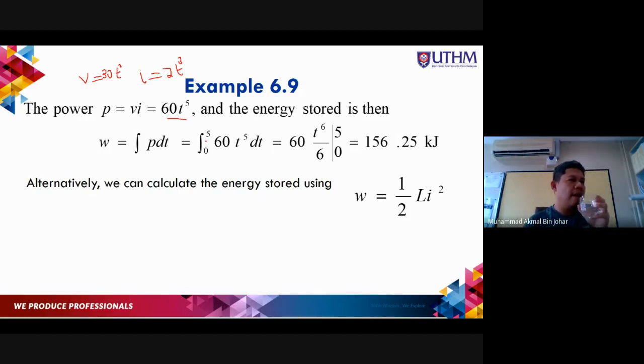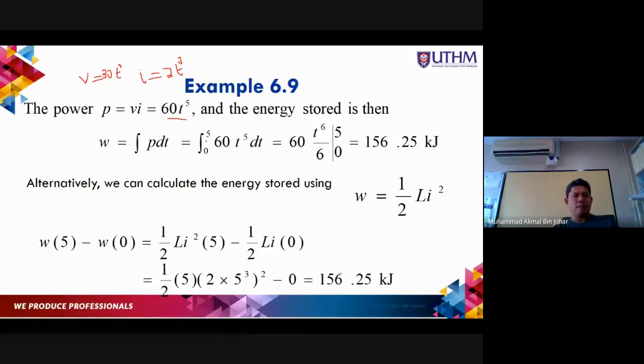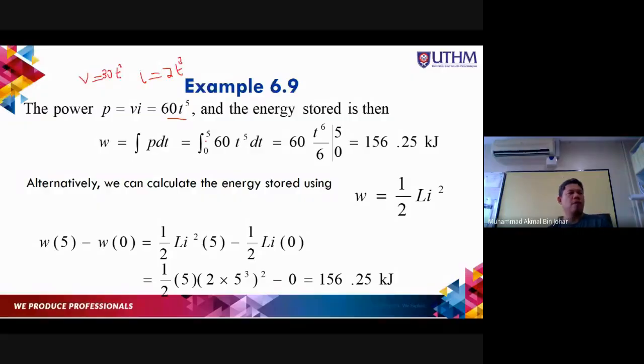Alternatively, we can calculate W using this. Here you can see what we should do is we calculate the energy at 5 seconds, and then we calculate the energy at 0 seconds, W5 minus W0, which is equal to half L I squared.